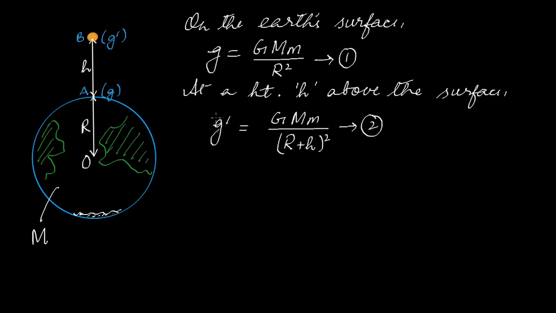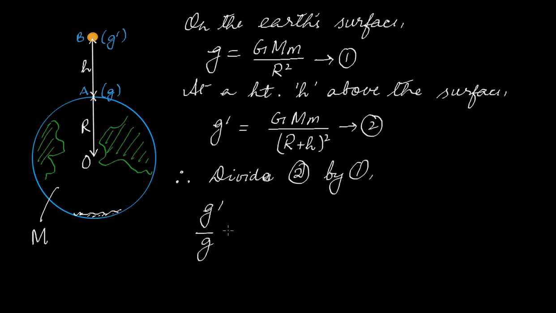All right, so we want to find the expression of g dash. So what do we do here? We divide 2 by 1. So if you divide 2 by 1, you get g dash by g.